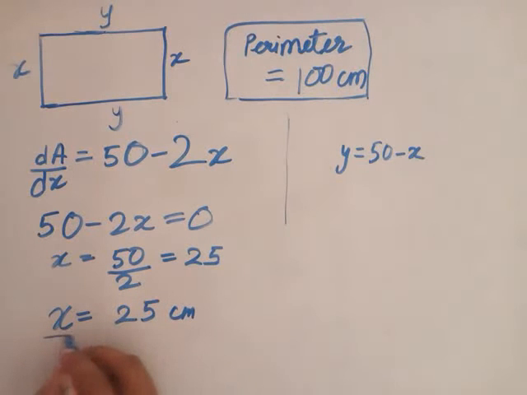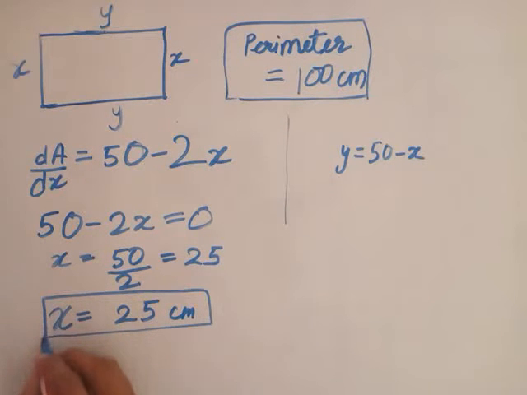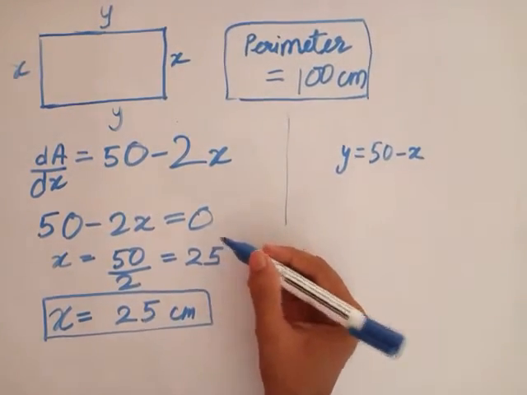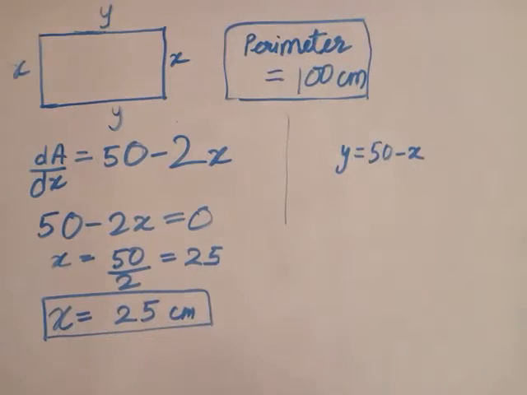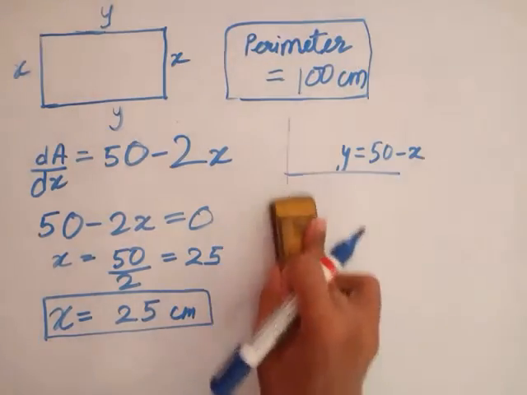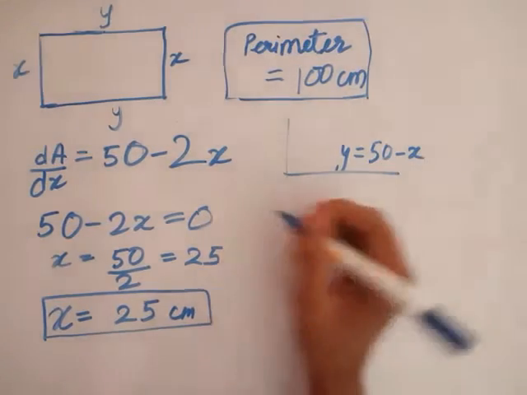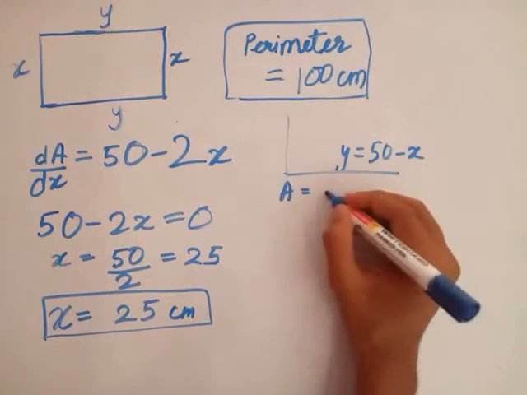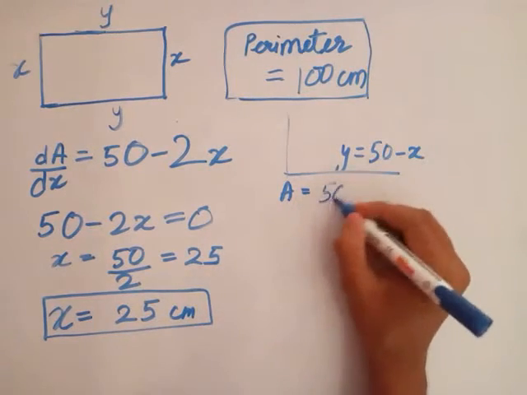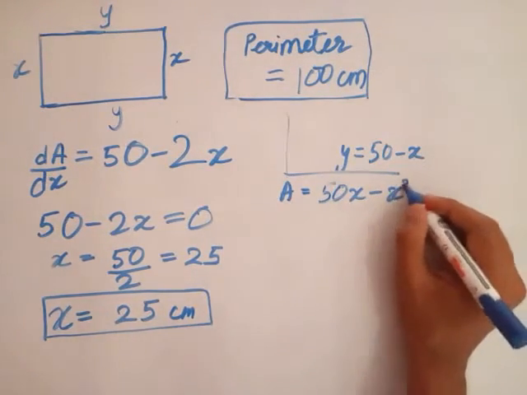Now let's see whether this is a maximum or a minimum, because remember that when you set the derivative equal to 0, you get a maximum or a minimum and you need to check which one it actually is. So the area was equal to x times y, and since y is 50 minus x, that's 50x minus x squared.